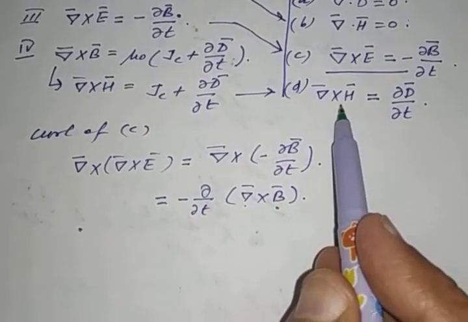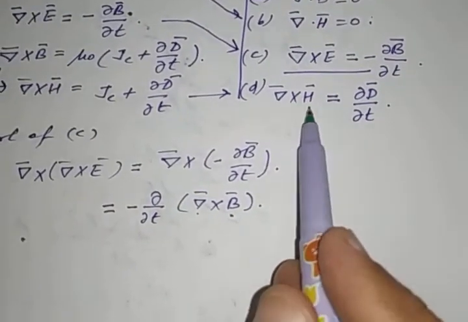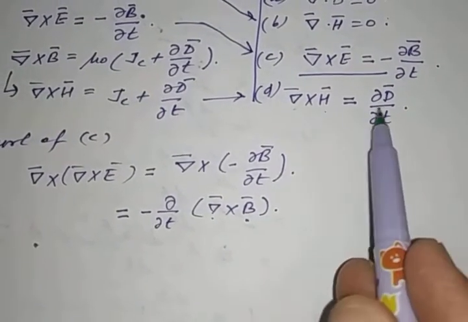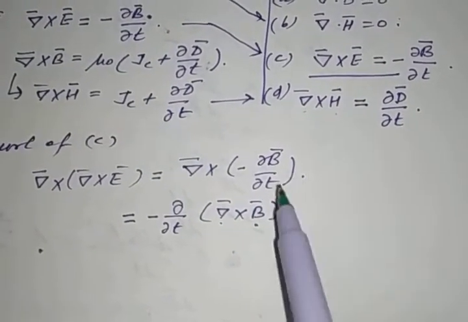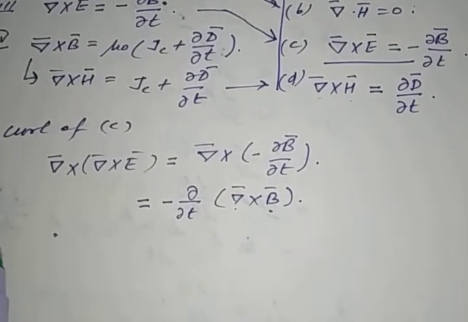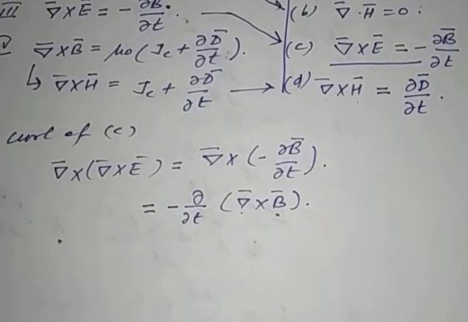And over here in the D equation, we can easily make out the value of del cross B. So we can put this value from here.